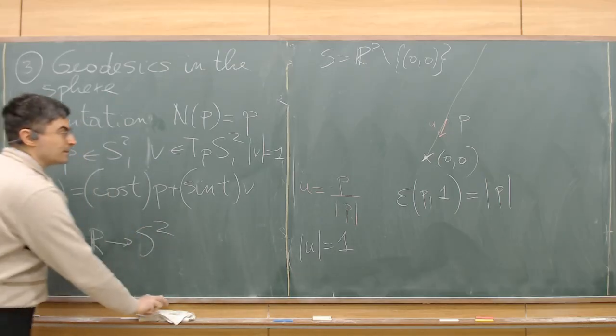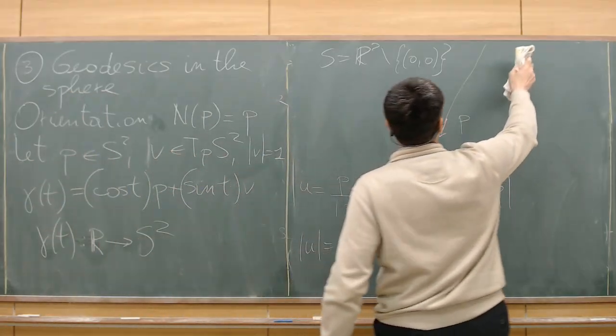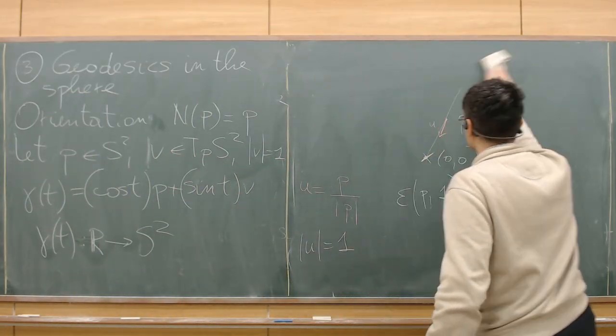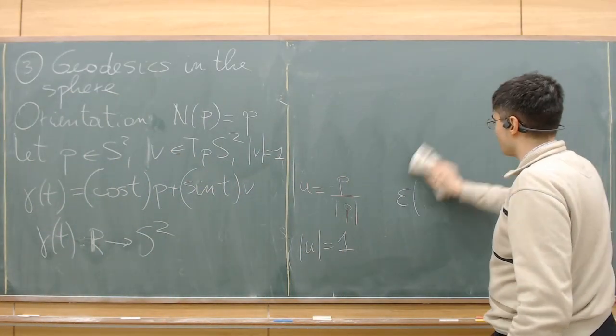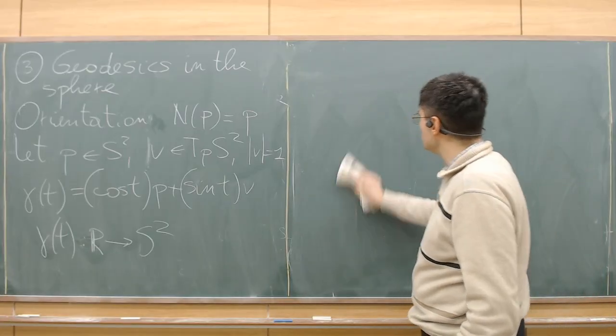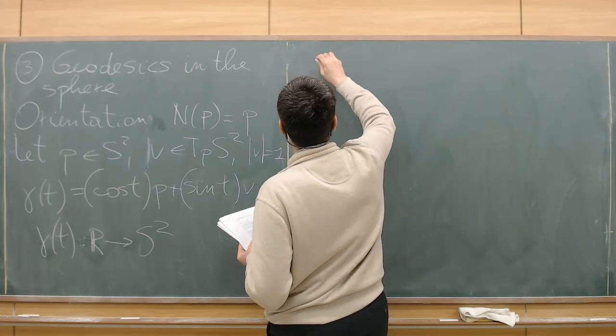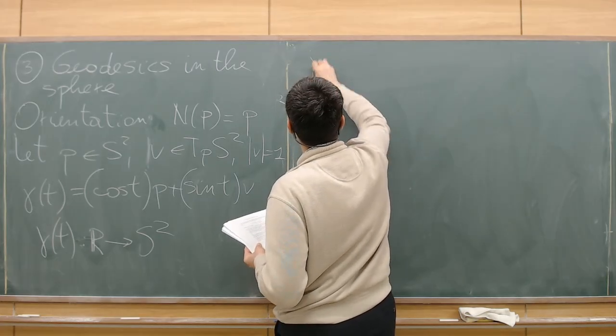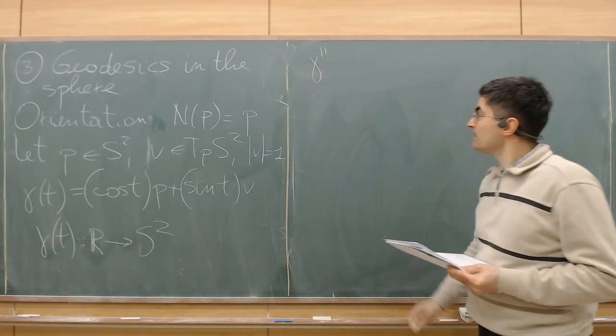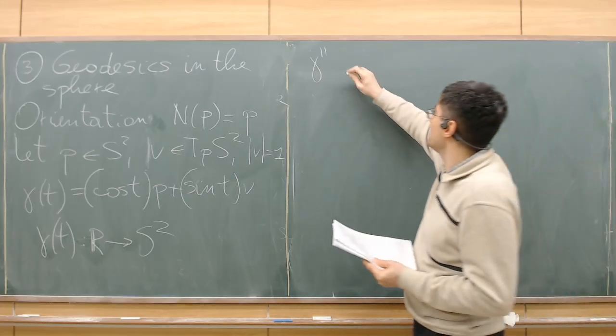And let's ask ourselves if it's a geodesic or not. In order to check that this is a geodesic, we have to prove that gamma second is a normal vector for any t.